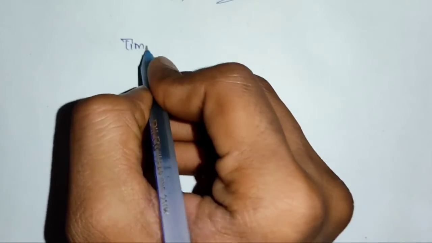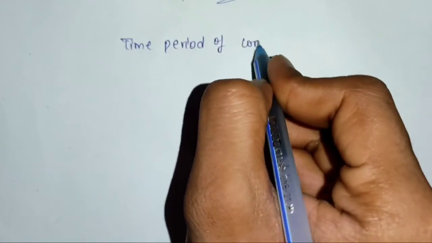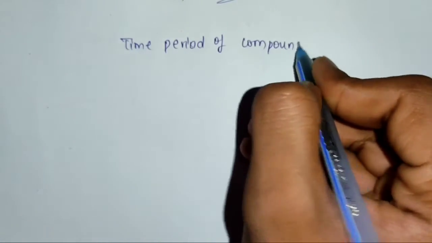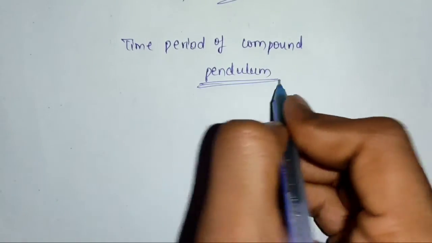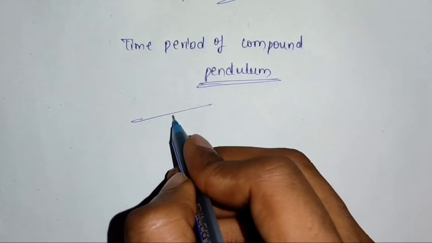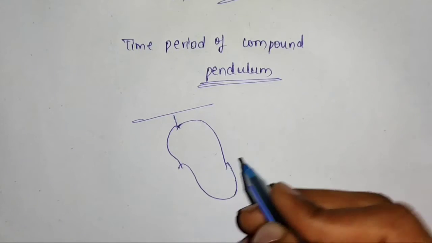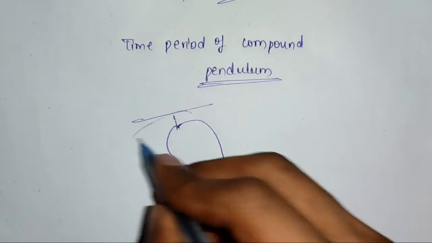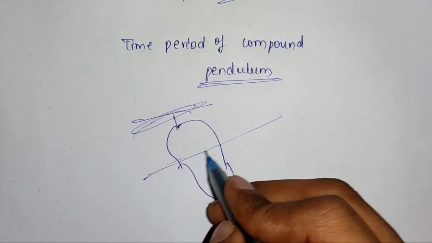Time period of compound pendulum. For example, what does compound pendulum mean? It is a rigid body. For example, you are rotating it along this axis.